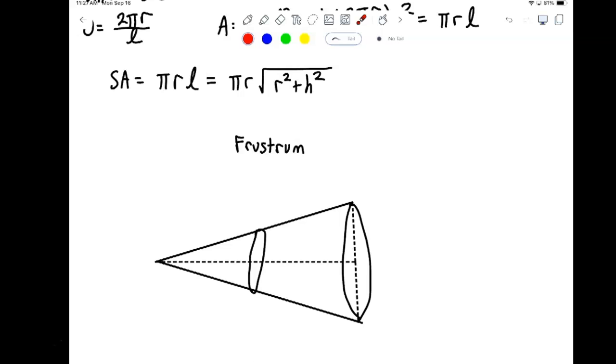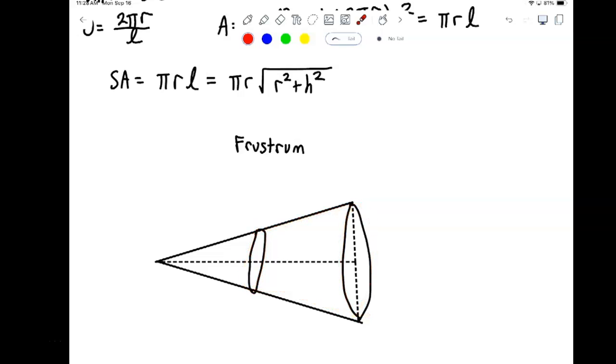If I can find the surface area of those two, then I can just take the surface area of the little one away from the surface area of the big one, and that'll be the surface area of my frustum.